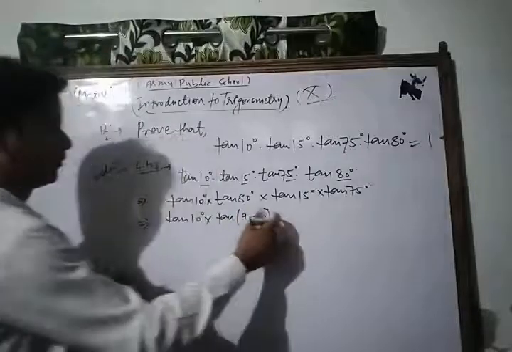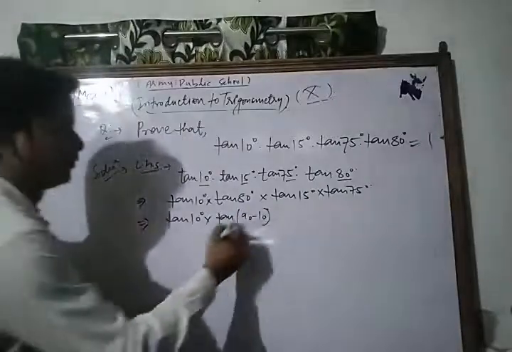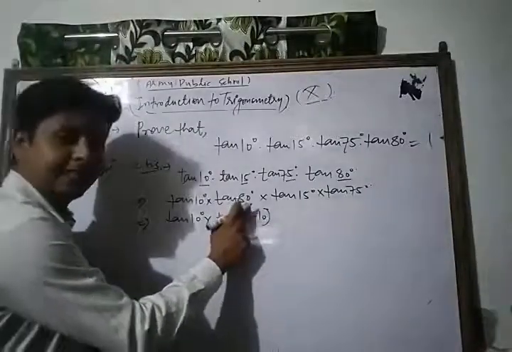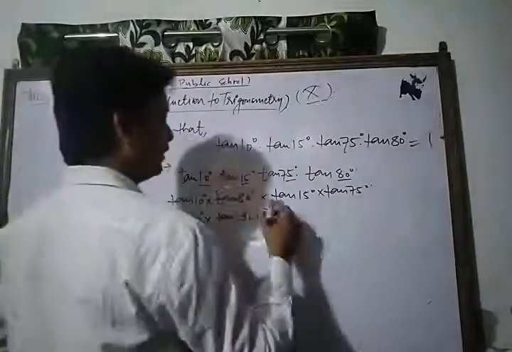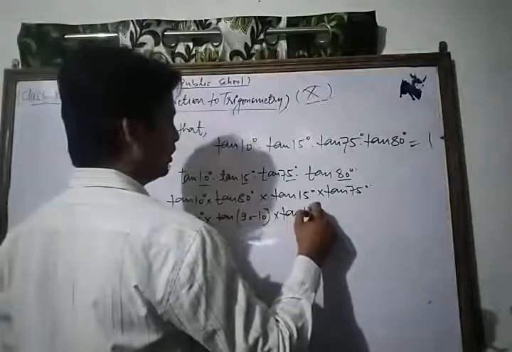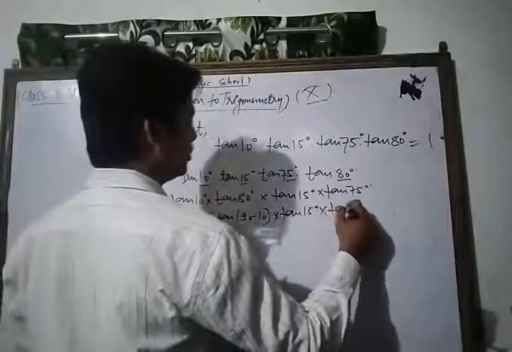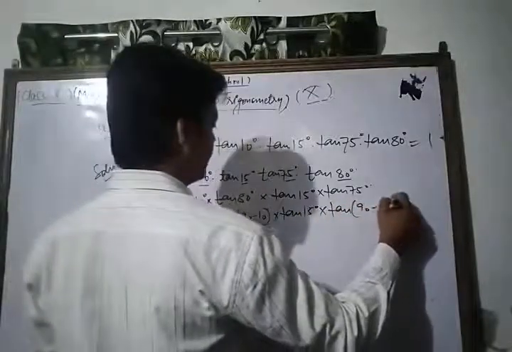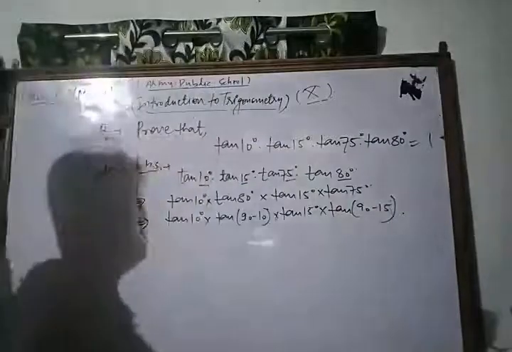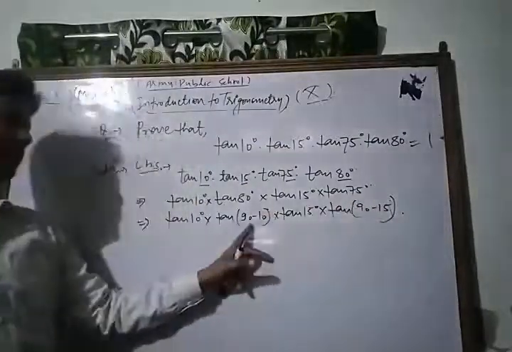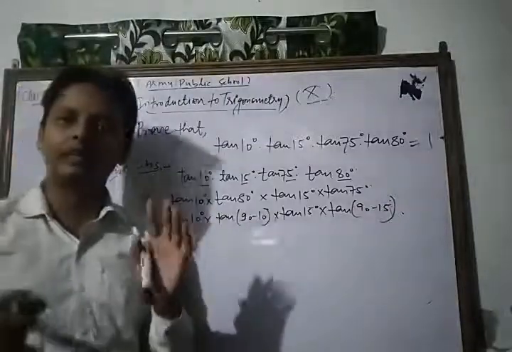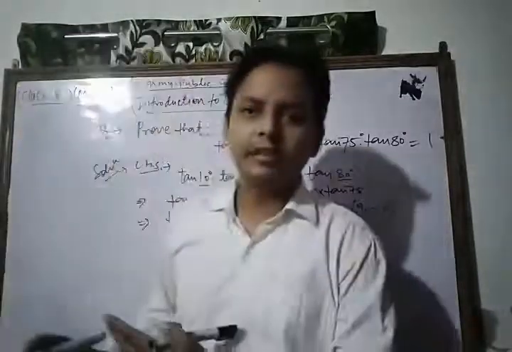Same here, we can write tan 15° into tan of 90 minus 15 degree. First of all, 90 minus 15 is 75 and 90 minus 10 is 80 degree. So we can arrange the given question in this way.